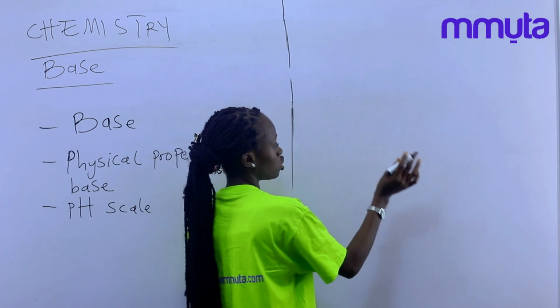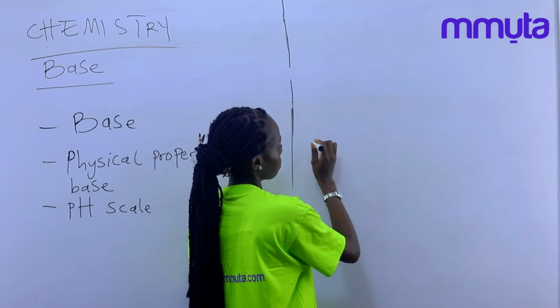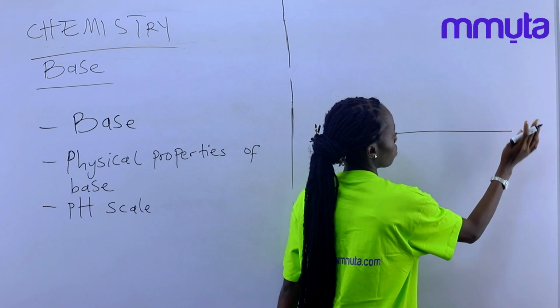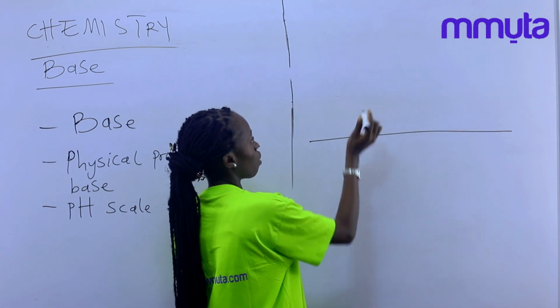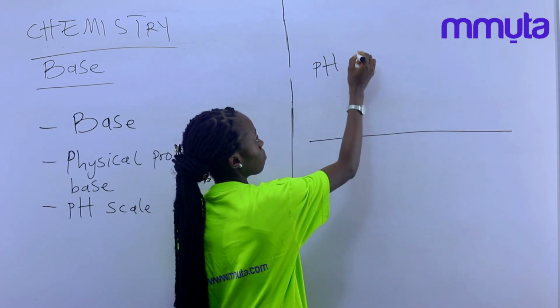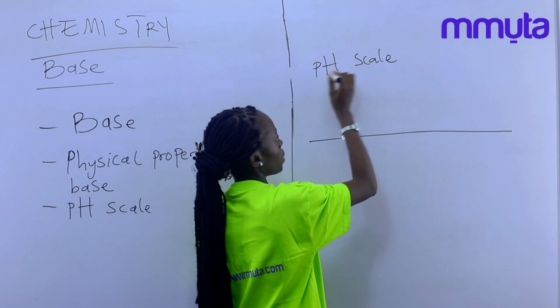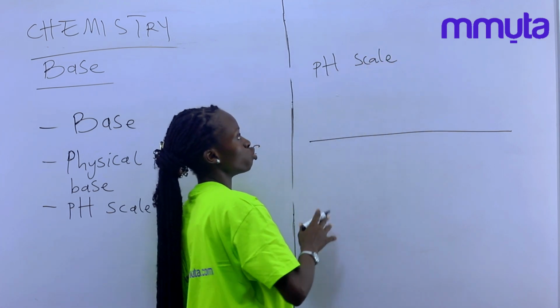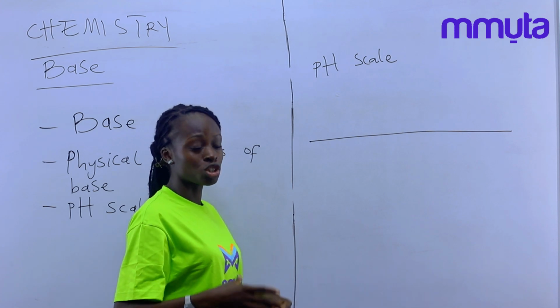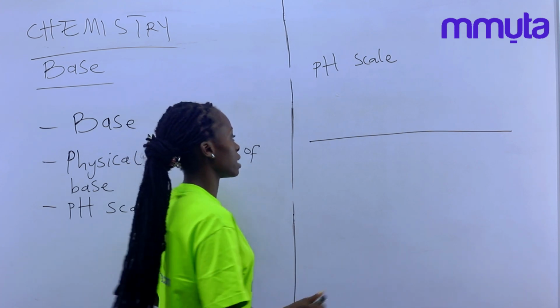Now, just imagine that we have a line. The pH scale also has to do with the level of hydrogen ions present in a substance.